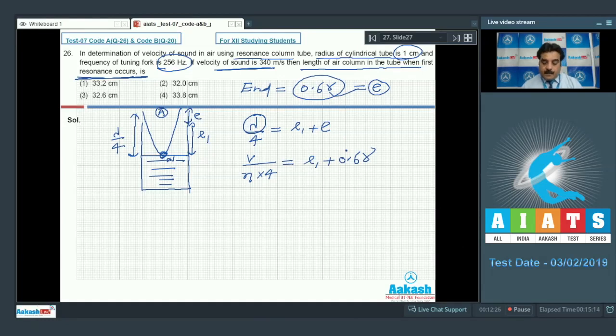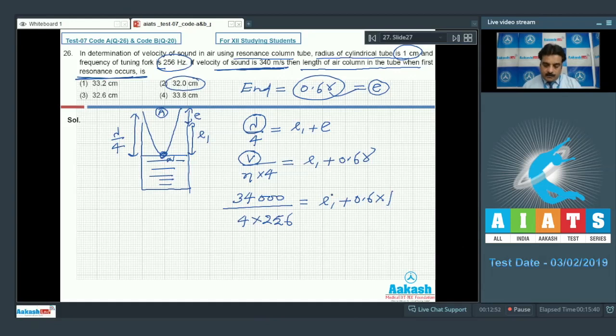Now the answers are given in centimeter, so you have to be very careful. The value of V is given in meter per second, so I will write 34300 upon 4 into 256, equal to L1 plus 0.6 times the radius, which is given as 1.